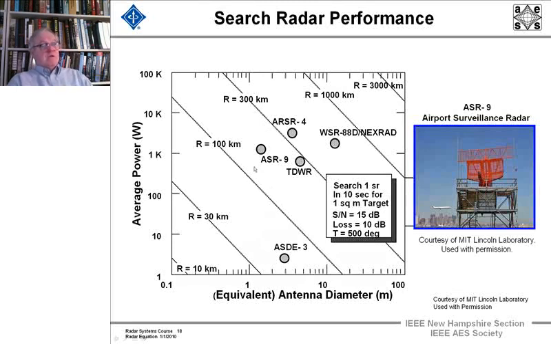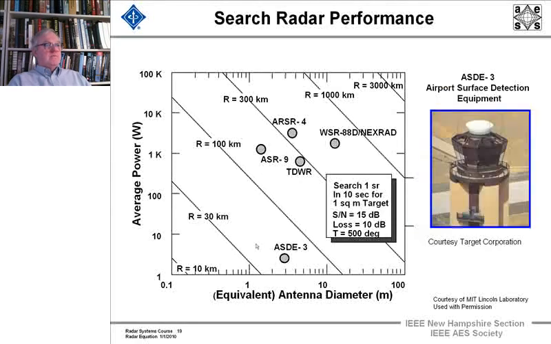It's bigger than that physically, but it's shaped and there are significant antenna losses, I think 9 dB, caused to give it special characteristics, which we'll go over in the antenna lecture. And it's got about 1 kilowatt of average power and can see out to about 60 for what it wants to do, which is slightly different than these numbers. And you notice you're going up and up in power and aperture as you go up in this direction.